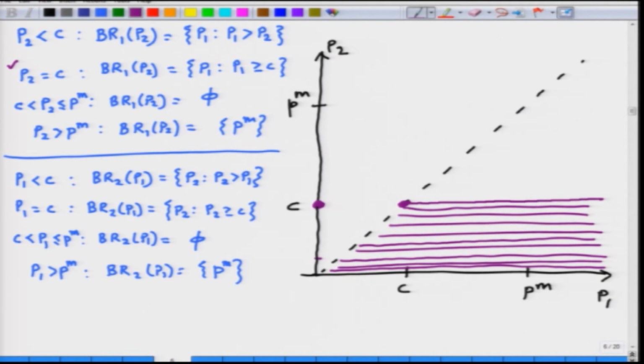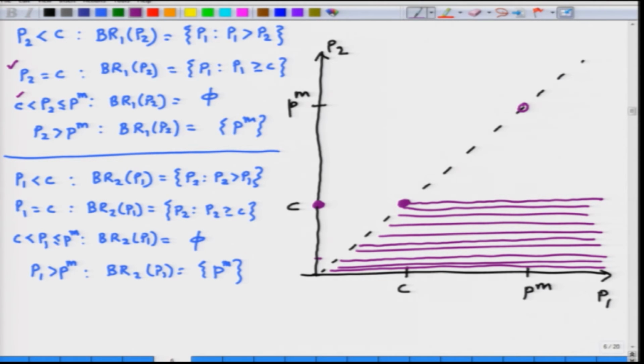So, this includes the point C and anything greater than C. This is firm 1's best response. Now, for any price P2 between C and Pm, let us say Pm is somewhere here, for any price between C and Pm, firm 1 does not have a best response.